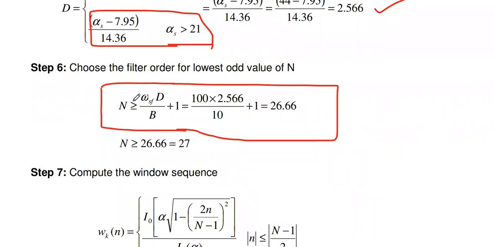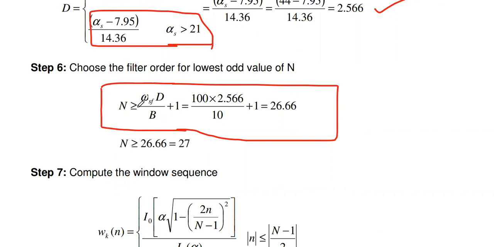In our FIR Hamming window problem, the capital N value was given in the problem itself, for example design a low pass filter for capital N equal to 11, 7 or 9, but here the order is not given. So we have to find the order.